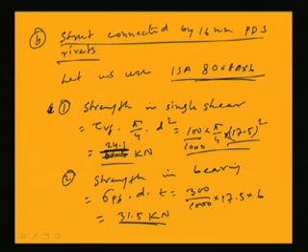So, out of these two values, we will take the lesser one as the rivet value. So, rivet value will become the lesser of these two, that means 24.1 kilonewton.